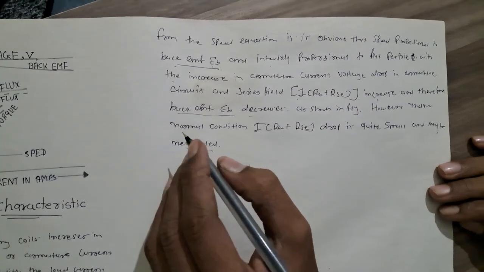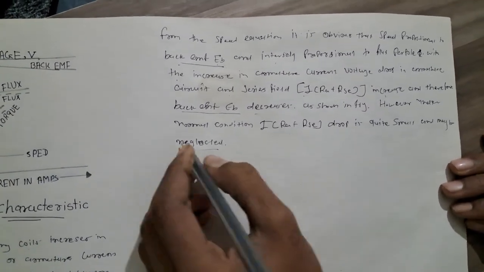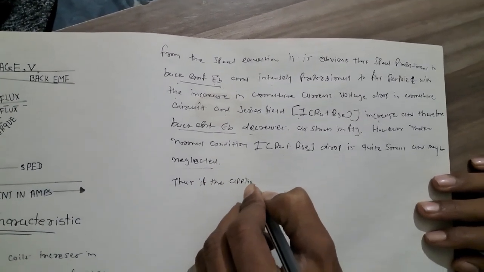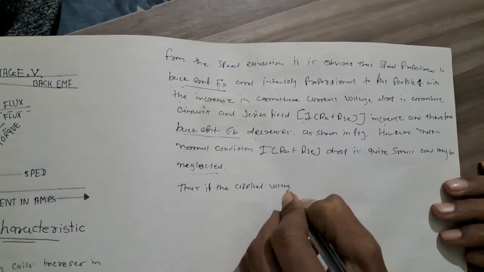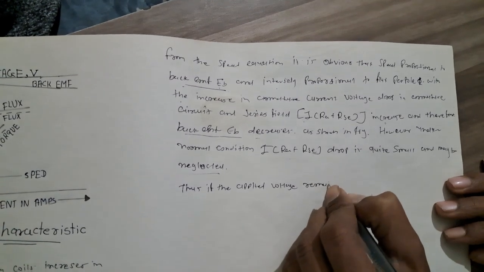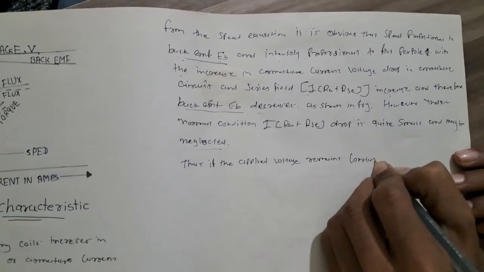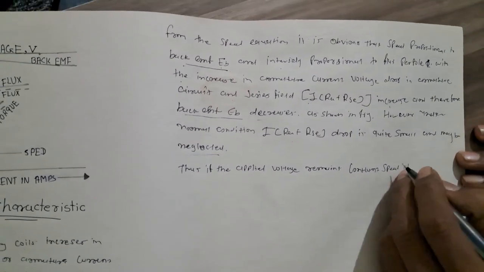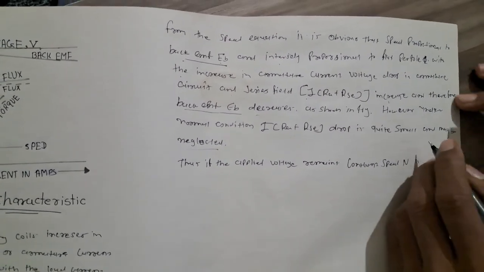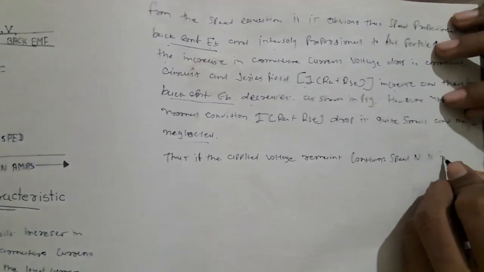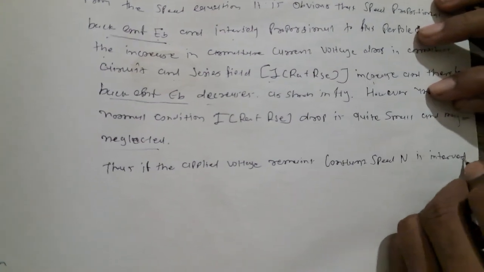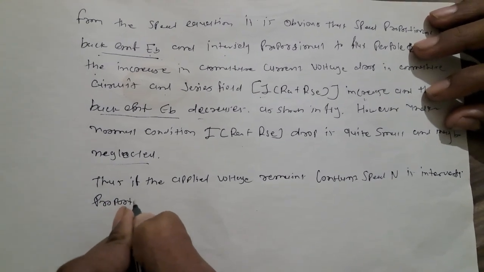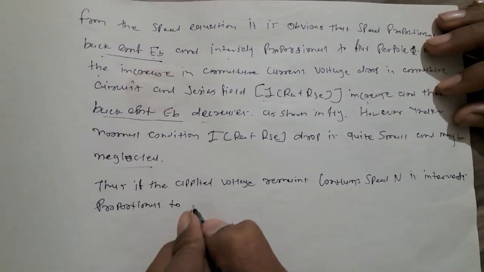Thus, if the applied voltage remains constant, speed N is inversely proportional to flux.